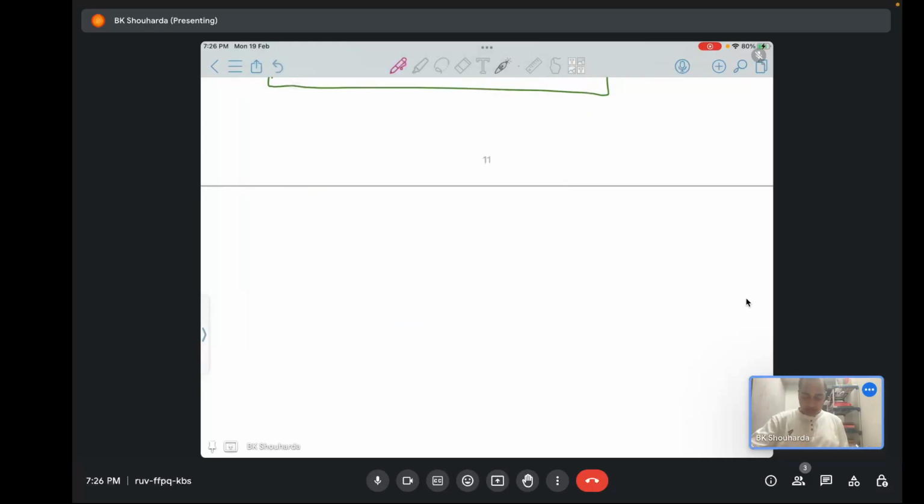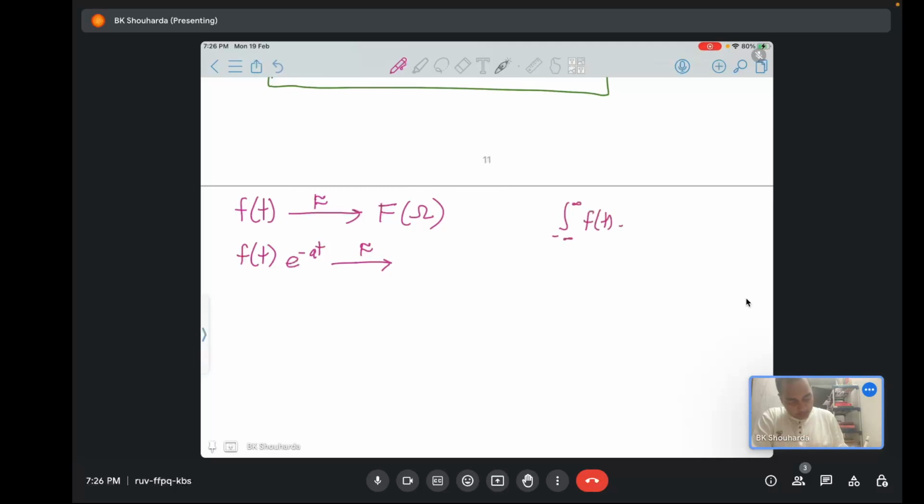The property is, if we have a function f of t whose Fourier transform is F of omega, and I multiply this f of t with e to the minus at, then wait a second, did I even cover it?